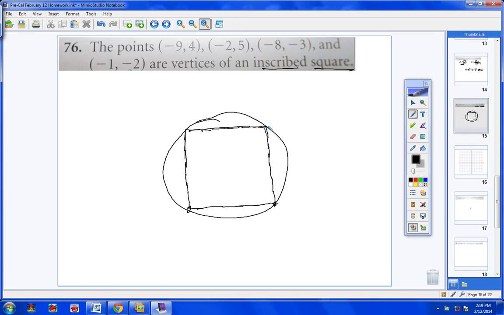So what I just drew right here is an example of a circle that has an inscribed square. When it says inscribed square, it means there's a square inside of a circle.